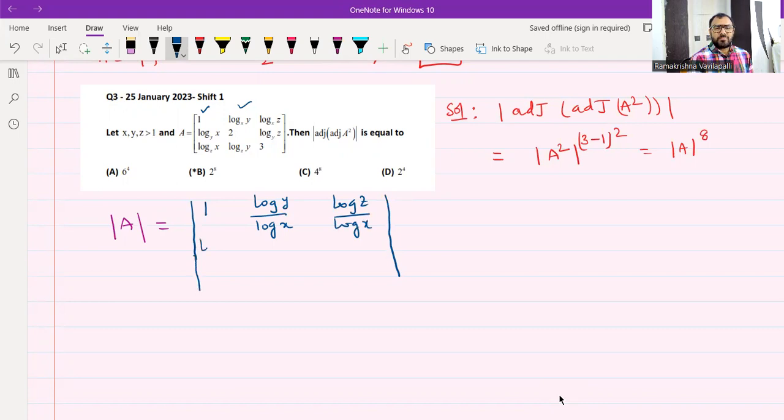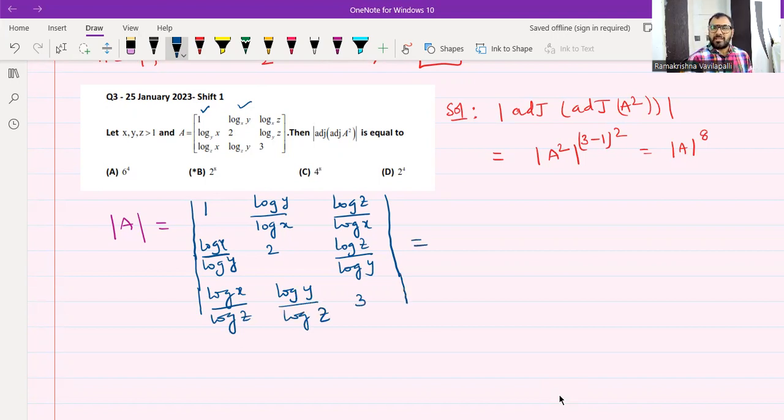Whereas the second row: log x by log y, and this is 2. Next one is log z base y, we can write log z by log y. Third row: log x by log z, and log y by log z, and the last element is 3.